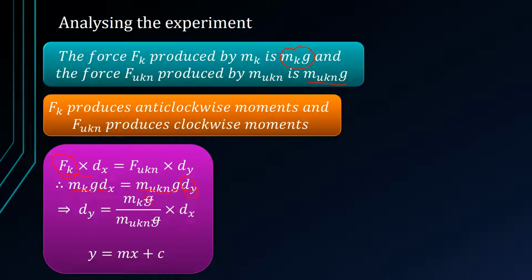The g's will cancel off because they are the same value, and we see that Mk over Mukn multiplied by dx is what we have, comparing to the equation y equals mx plus c. Here, y is dy, Mk over Mukn is the gradient, and x is dx.